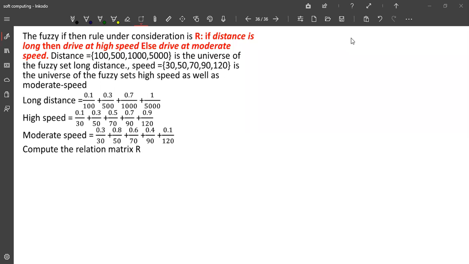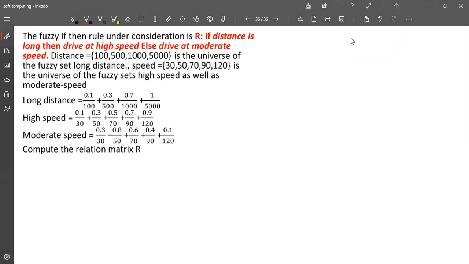Friends, in this video, let's see another fuzzy rule simplification. In our previous video, we dealt with if and else, and now we are going to deal with if then else.